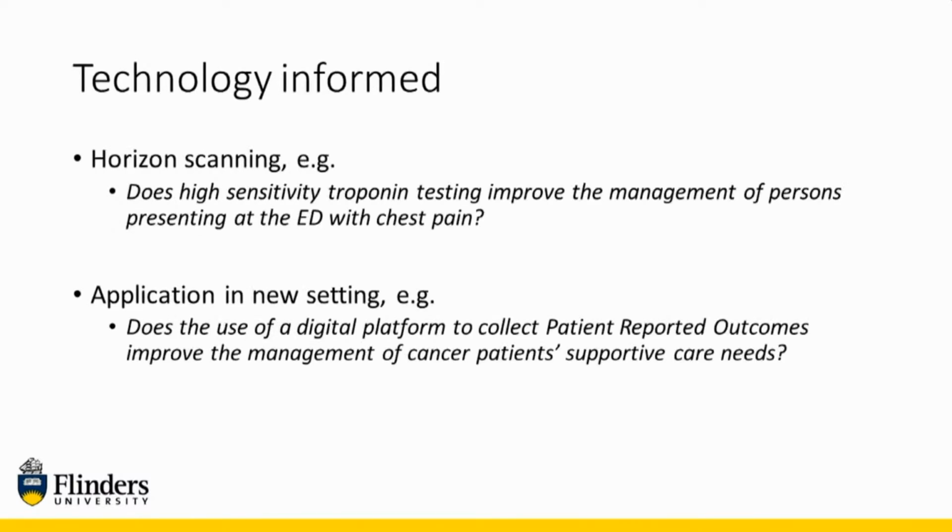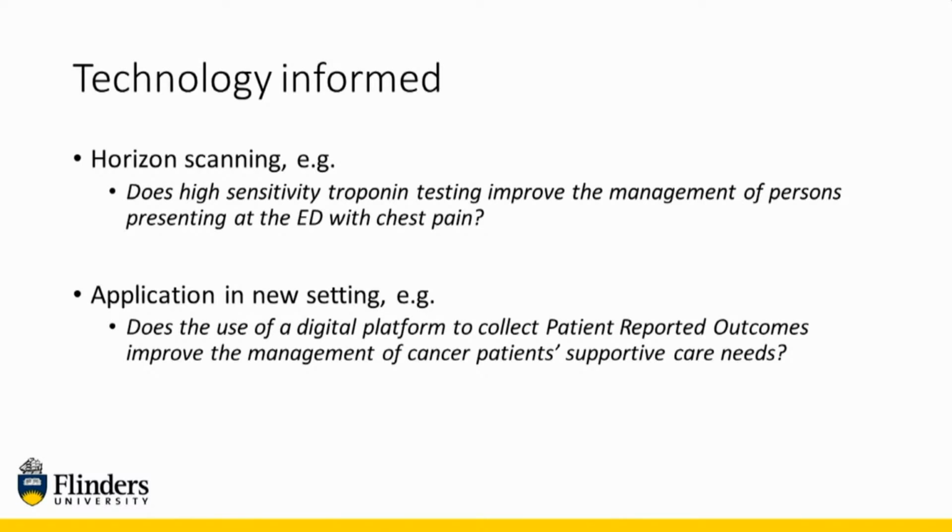So just some examples of how we might apply those different approaches to identifying problems. In a technology section, we've got horizon scanning methods. These are some examples that actually have been recently or are currently being implemented in SAL.